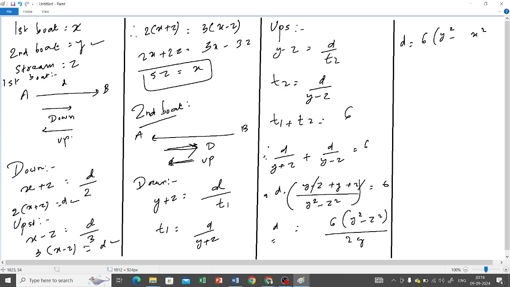Z is x by 5, so z square is x square by 25, divided by 2y. 2 and 3 get cancelled out.